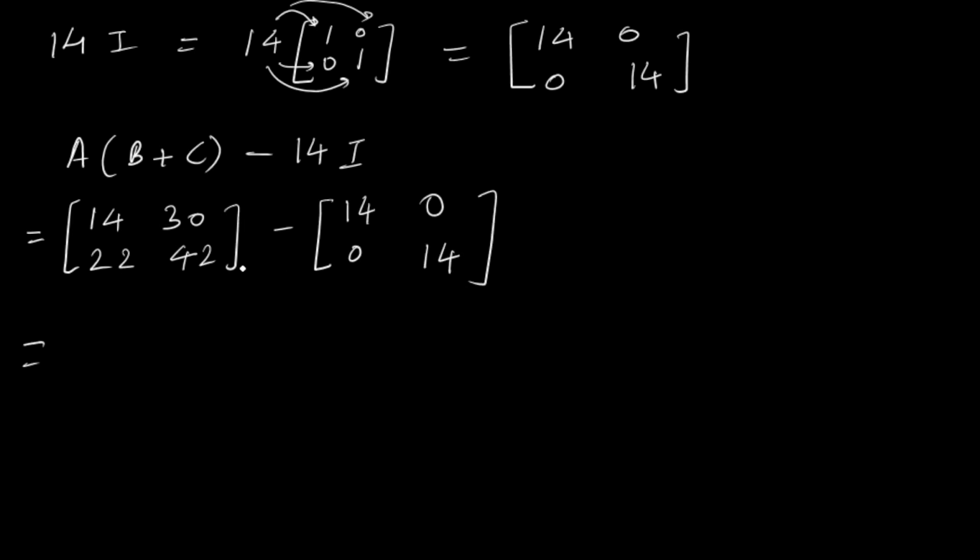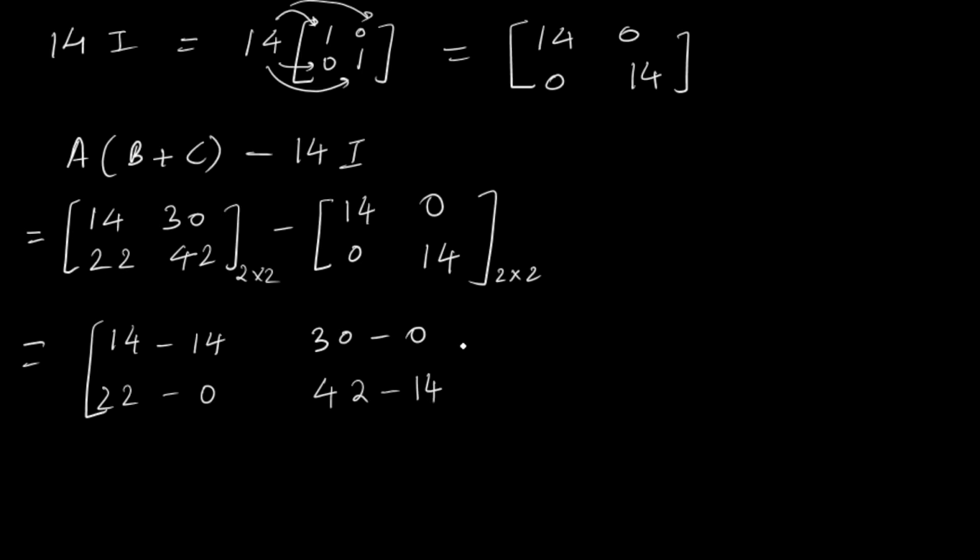Now two matrices are getting subtracted. Their order is the same. So first element of first and first element of second. So 14 minus 14, then 30 minus 0, 22 minus 0, 42 minus 14.